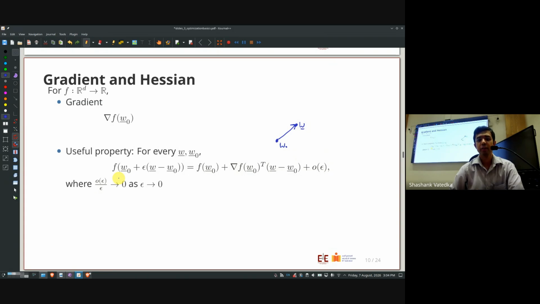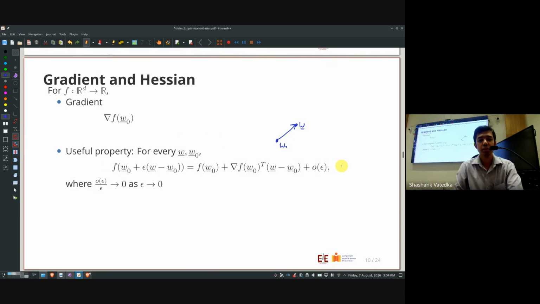In fact, this is how you define the gradient, or the derivative, in the first place. In one dimension, it is fairly clear because you define the derivative to be delta f divided by delta w, and you let delta w go to 0. But in higher dimensions, you can't really use that definition anymore, because the numerator is a number, whereas the denominator, the difference between two w's, is a vector. So that earlier definition doesn't make sense.